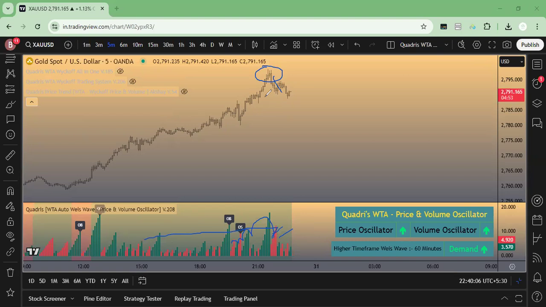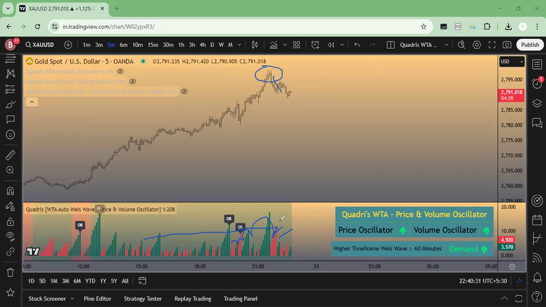This term, change of behavior, or change of character, which people normally believe is a part of SMC or ICT, is actually part of the Wyckoff concept, and it was coined by David Weiss and many other traders who believe in and trade based on Wyckoff.